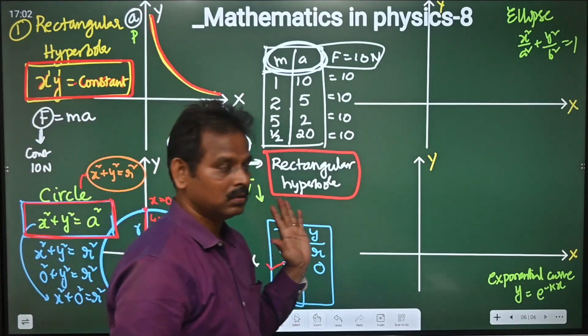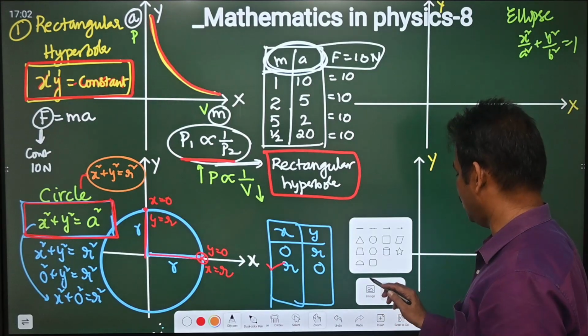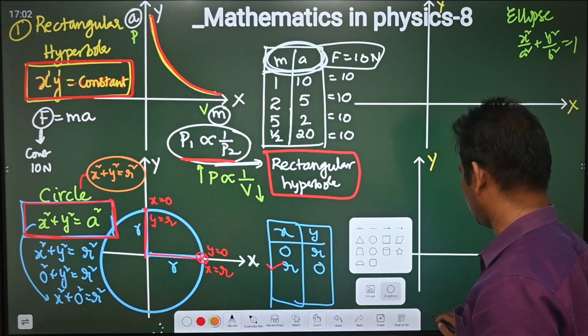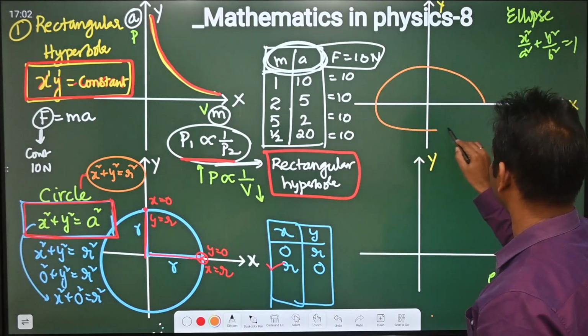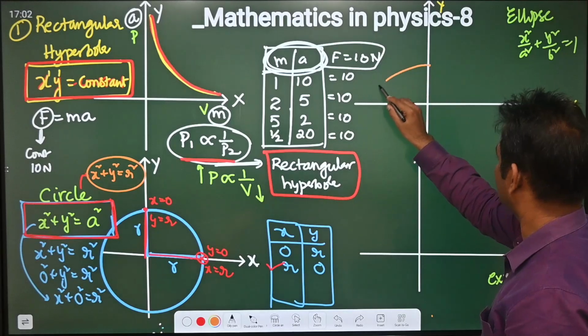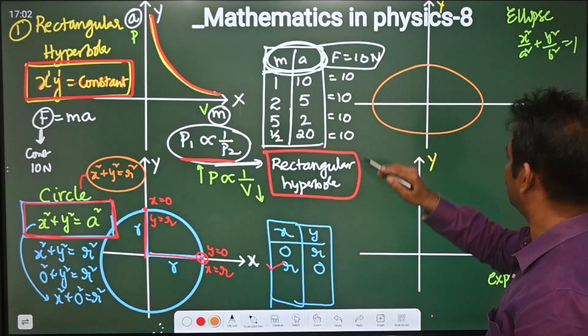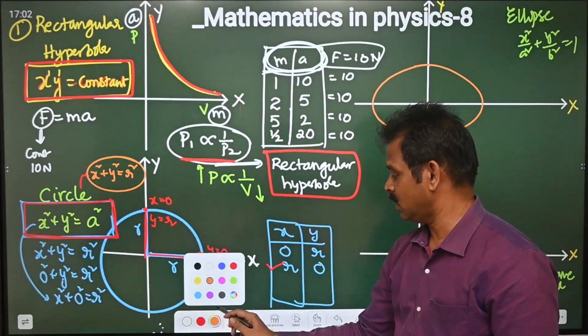Now, next one, ellipse. For an ellipse, if you draw the ellipse properly, we have two different values in an ellipse.